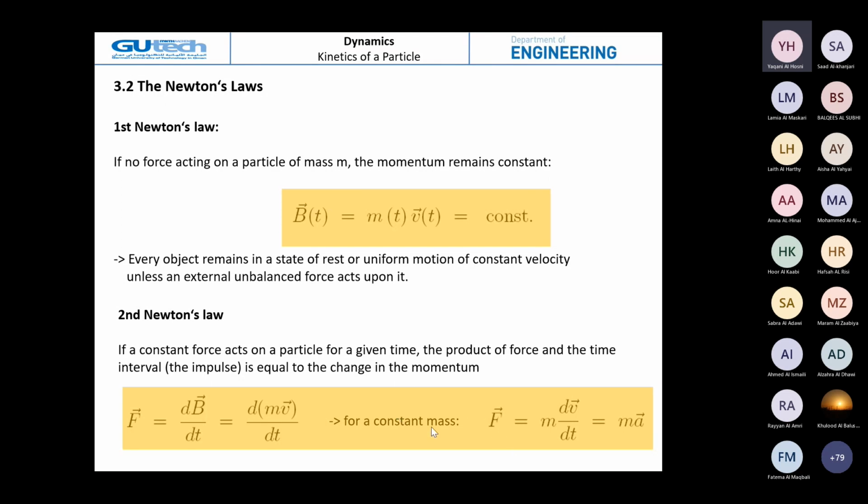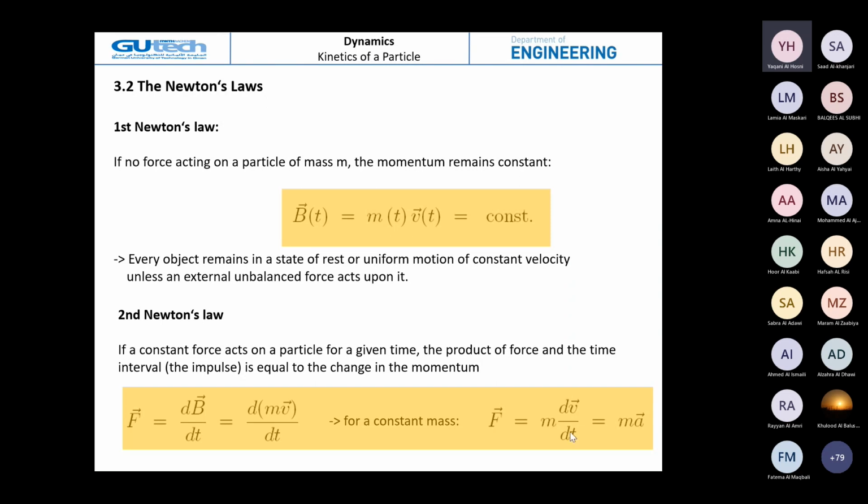But for a constant mass, m does not depend on time, so we keep it out of the derivative, and then we get dv over dt. It means the force is only the mass multiplied by the time derivative of the velocity.